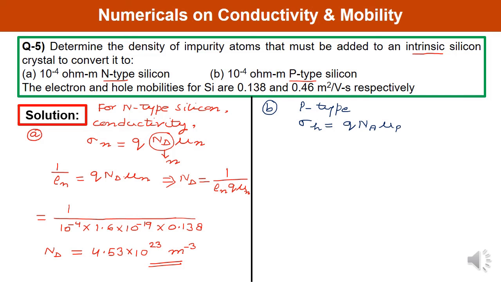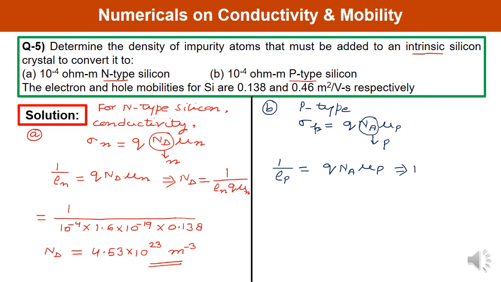You can write it from p or h. This Na is the concentration of acceptor atoms. So in terms of resistivity of holes, you can write this term as Q acceptor atoms into mobility of holes.